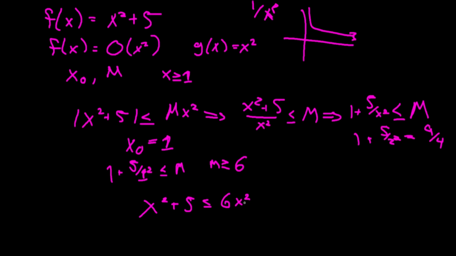Plug in 1, you get 6, and then if you plug in 2, you're going to find that our f of x, if we start at 1, is going to look something along the lines of that. And then if you look at our g of x, it's going to be something along the lines of this. I'm just eyeballing it, but it's always going to be bigger. They're going to start from the same point, and this one's always going to be bigger.